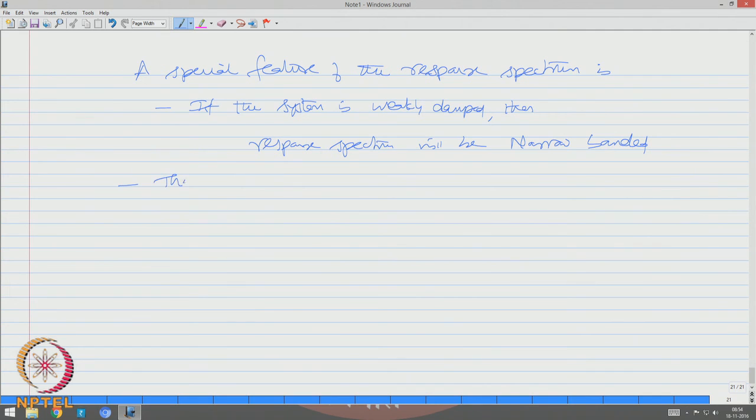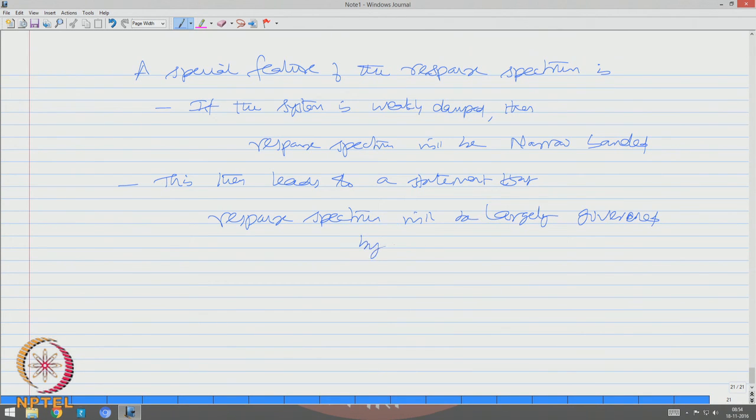This then leads to a statement that the response spectrum will be largely governed by h f x omega square.